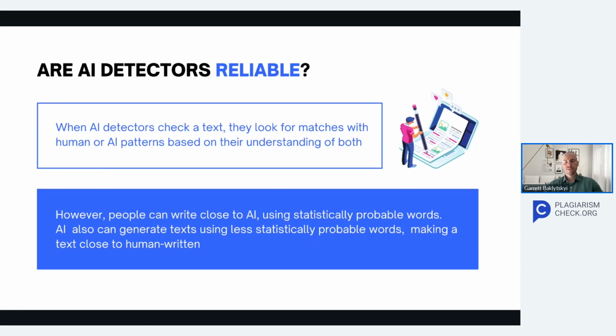But eventually, it doesn't mean that the text is AI generated, because an AI detector only shows that this text matches what it knows about how AI generated text looks like. However, it could be written by a student. People can write with a similar statistical probability that can be considered as AI generated by AI detectors. We will discuss one example on one of the following slides.